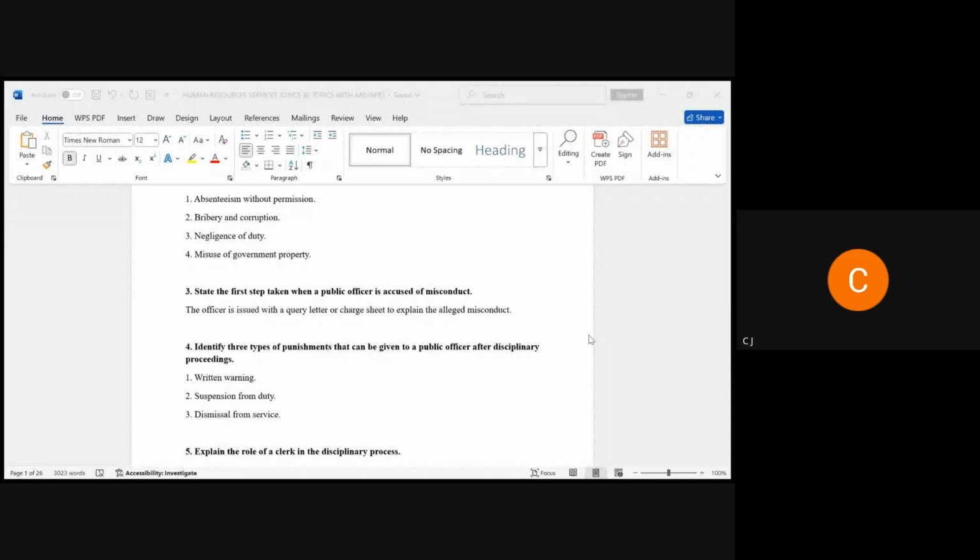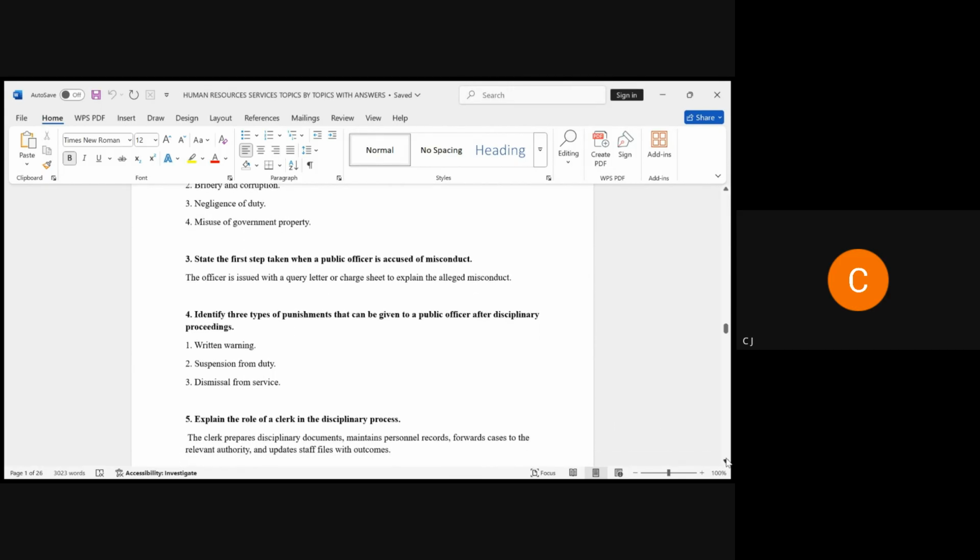It is confidential. If you share the content, you have also violated the right of this public officer. It may make an offense kwa kushare the content of the letter.